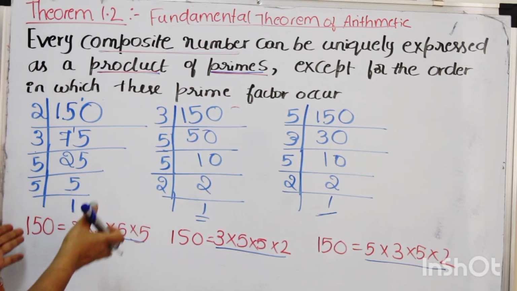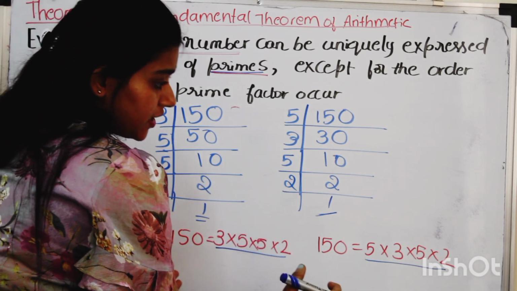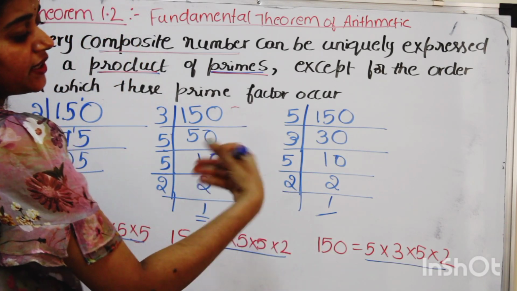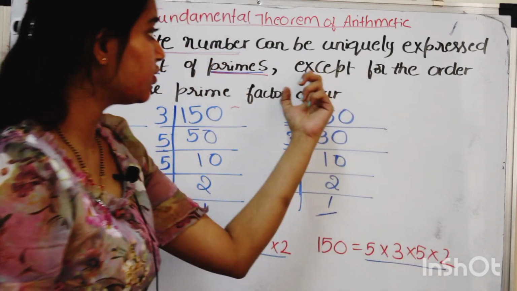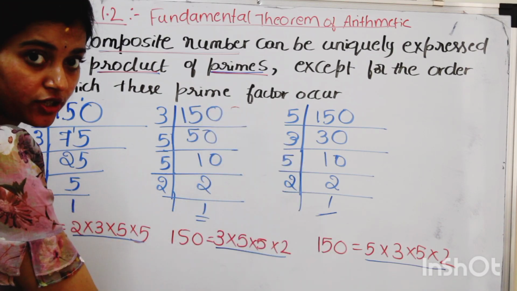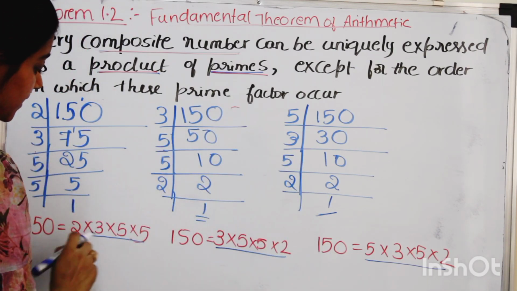But in these, the prime factors occur in a different order, isn't it? So the order in which these prime factors occur is different, but the prime factors remain the same.